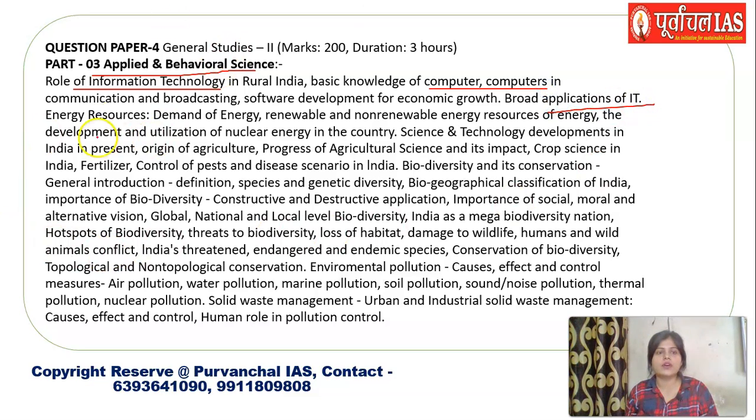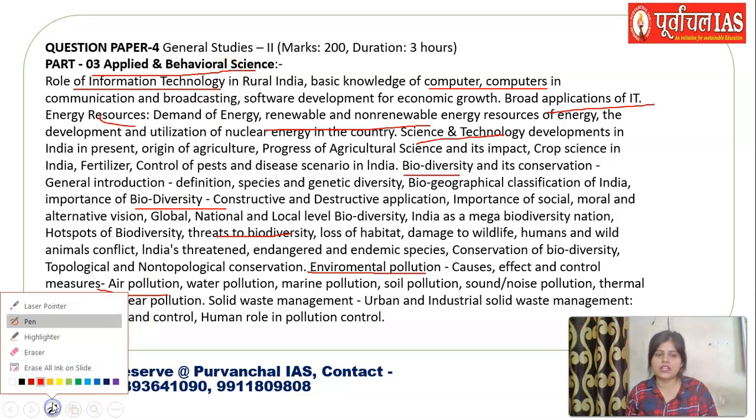Then you have also energy resources, because we are talking a lot about renewable and non-renewable, solar energy, etc. Science and technology, its progress, biodiversity, importance of biodiversity, threats to biodiversity, air pollution, basically environmental pollution. All of this is the part of applied and behavioral sciences. This will also be covered by us in Purvanchal IAS.